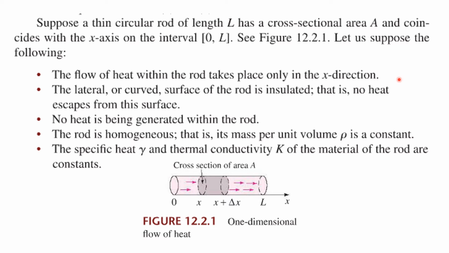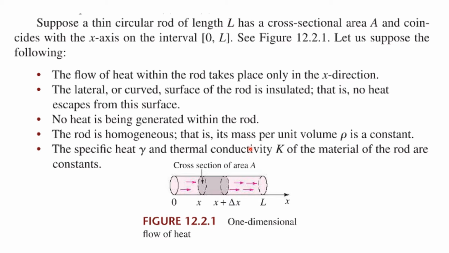And then we have some additional assumptions. The flow of heat takes place only in the x direction. There are generalizations of this, but we're going to keep it simple for now. The lateral or curved surface of the rod is insulated. No heat escapes from this surface. So we're saying that the only way heat can go is this way. It's not leaking out other places. No heat is being generated within the rod, and the rod is homogeneous.